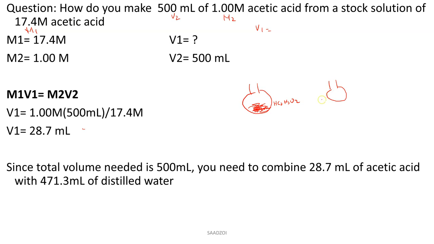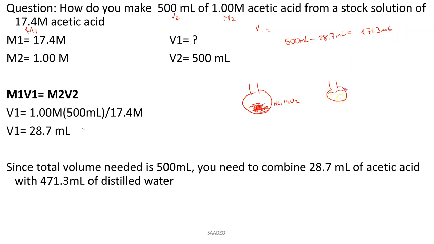So what we're going to do: we know we need a certain volume of water. How much water do we need? Well, the total volume, when this is all said and done, is going to be 500 milliliters, right? How much acid are we adding? 28.7. So that means we need 471.3 milliliters of H2O, because that's how you do a dilution.